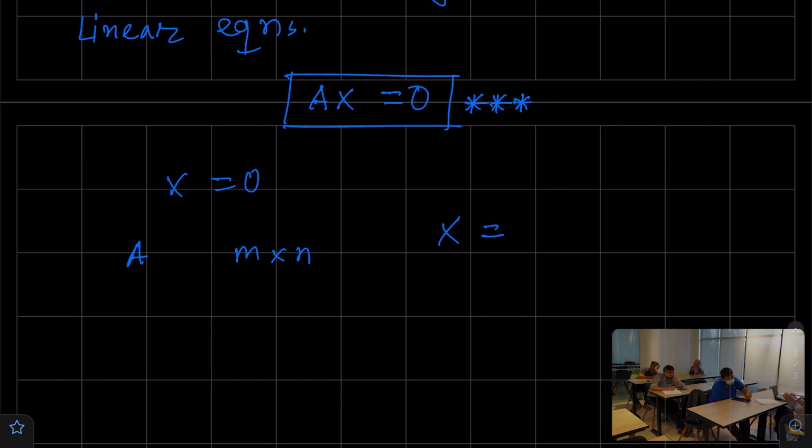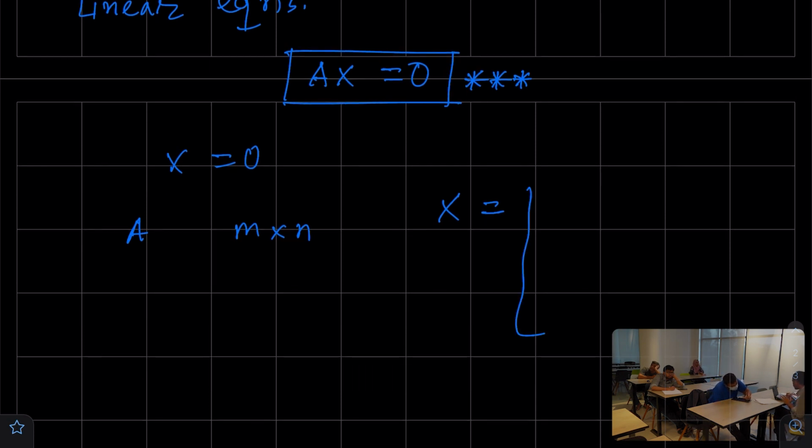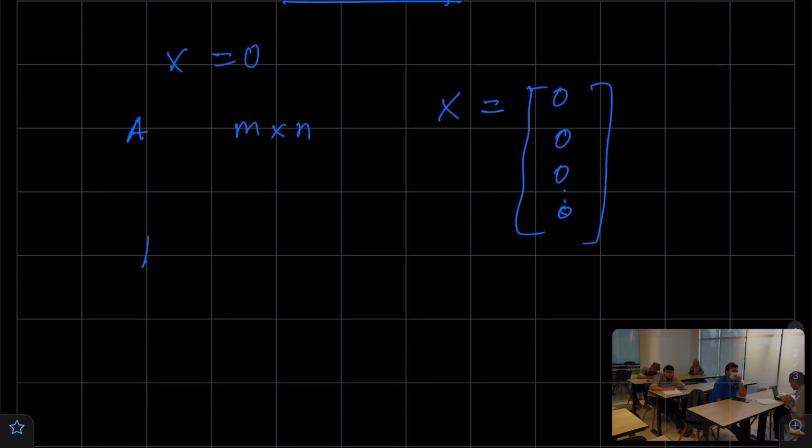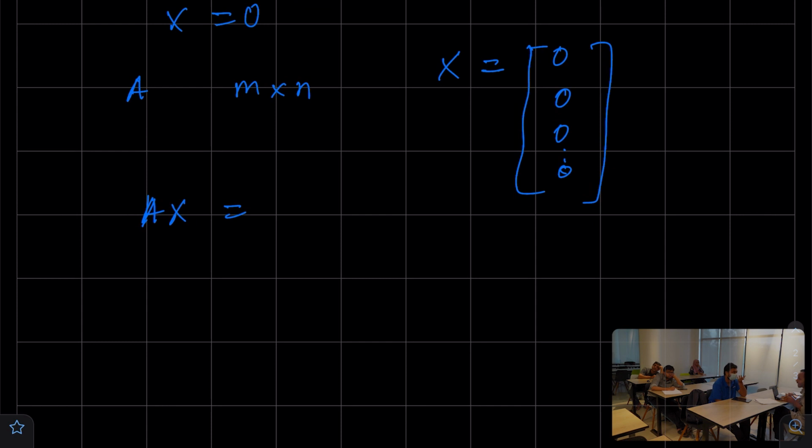Now, if I consider x to be all zeros, then for the non-zero matrix A, the multiplication Ax is 0.